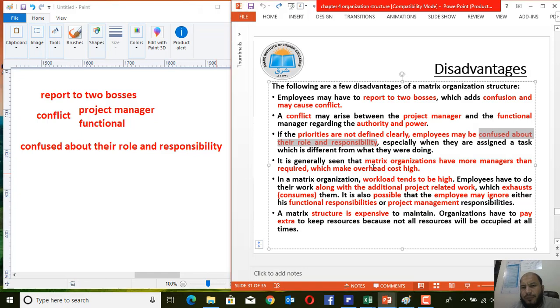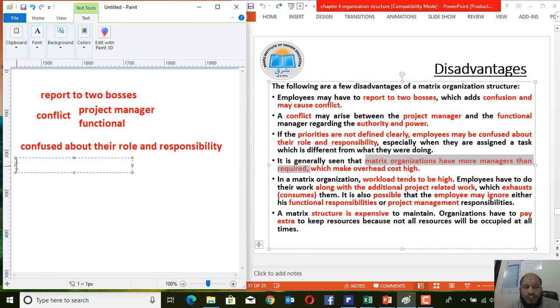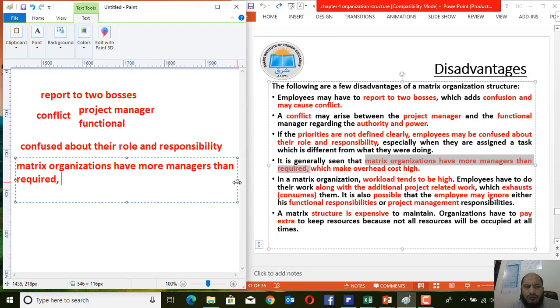Second, dear students, a matrix organization has more managers than required, and here there are two managers. This will also increase the overhead cost of the organization.